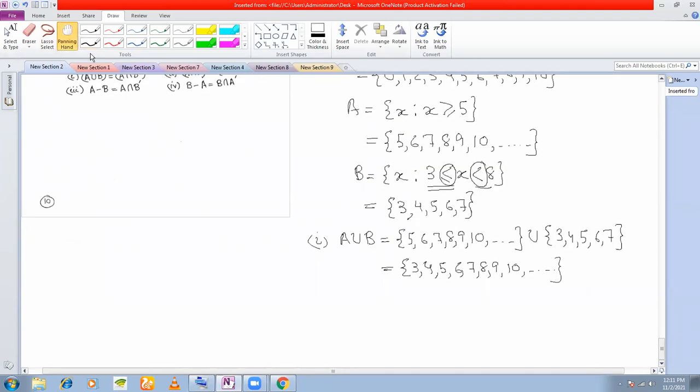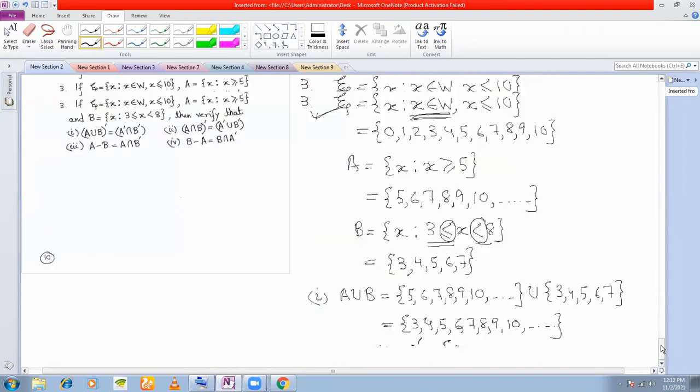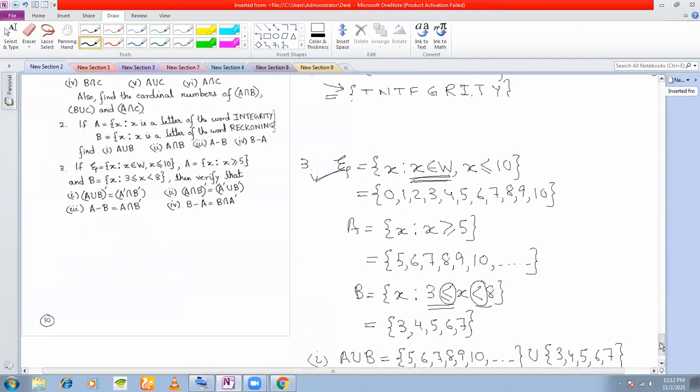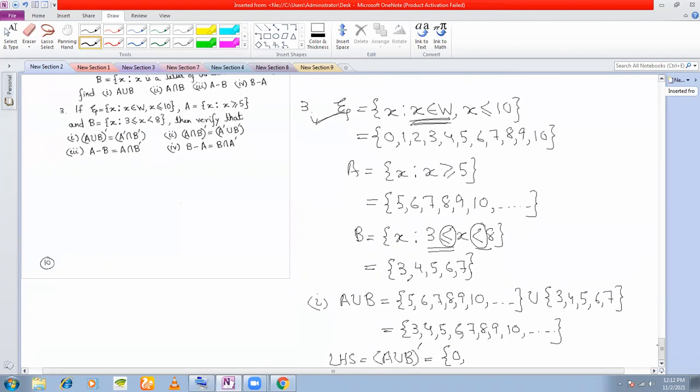Therefore, left hand side, A union B complement. What should it be? A union B complement should be all the elements of the universal set, from which you remove all the elements of A union B. So it will be 0. The universal set is only up till 10, right?